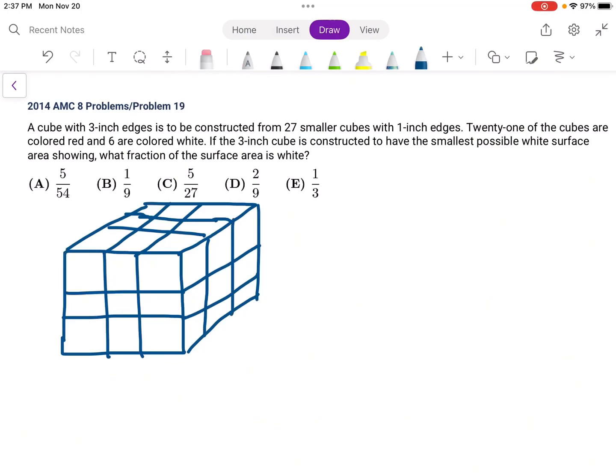Now we can see that the center cube will not display any of its surface outside.